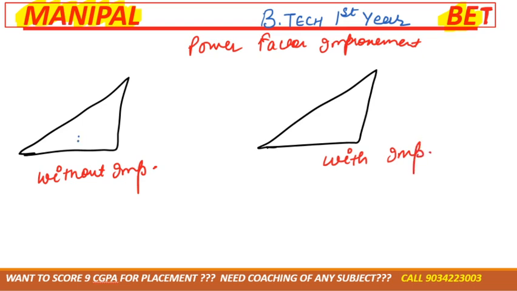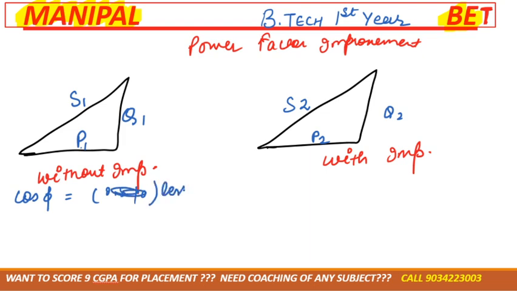And here you need to calculate in the power triangle, here is P, Q, S, so P1, Q1, S1, similarly P2, Q2, S2. Without improvement means where the power factor is 0.5 or 0.6, whatever, it must be less. And with improvement obviously the power factor improves near to unity. Here it is given that it's unity only, unity means 1.